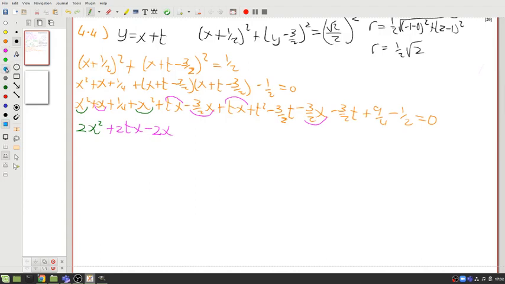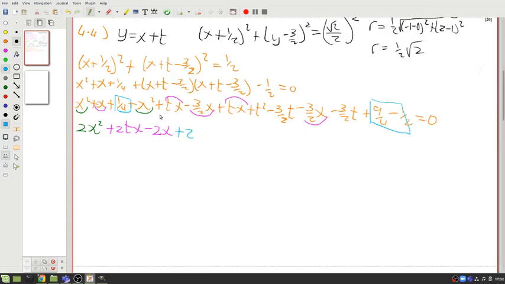Now let's look at what else we have. We have everything that's not an x, so let's do the numbers. We've got a quarter, we've got a 9 over 4, and we've got a half. So those are all the numbers by themselves. A quarter plus 9 over 4 is 10 over 4, which simplifies to 5 over 2, minus a half is 4 over 2, which is just 2.